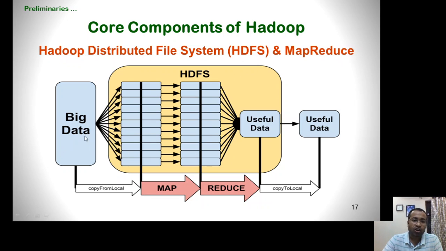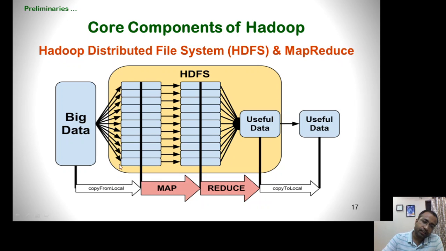We call it the local file system. So initially big data is in the local file system. Now we copy big data from the local file system to the Hadoop Distributed File System.